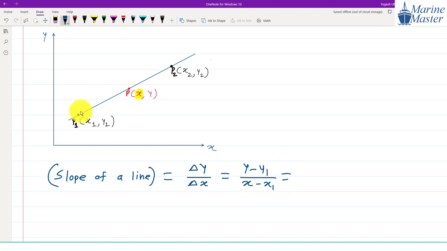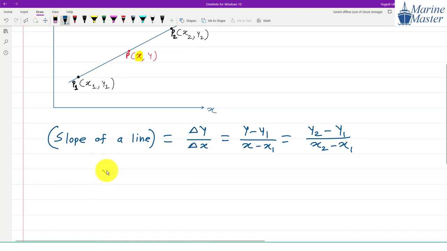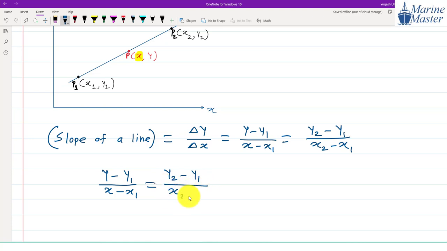If we consider P1 and P2, then Y2 minus Y1 divided by X2 minus X1. This is our relation of interpolation: Y minus Y1 divided by X minus X1 is equal to Y2 minus Y1 divided by X2 minus X1. Strictly, don't use any other relation, guys. Go through this slope of a line relation.